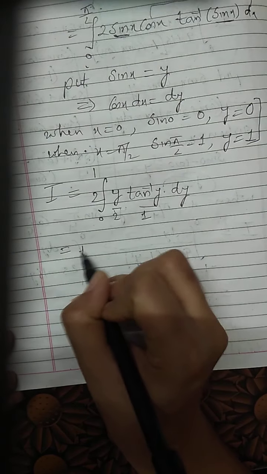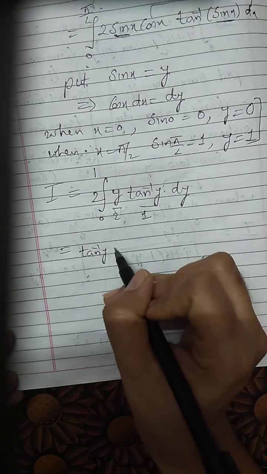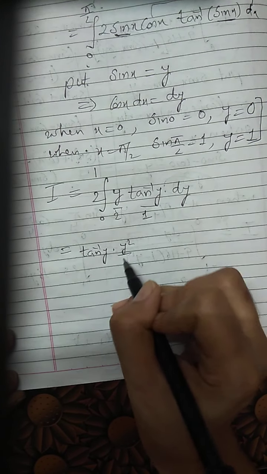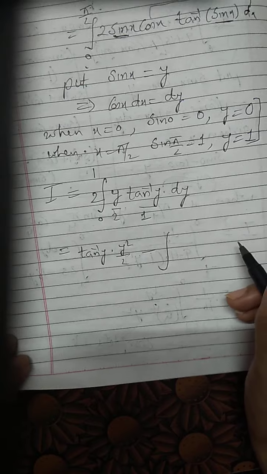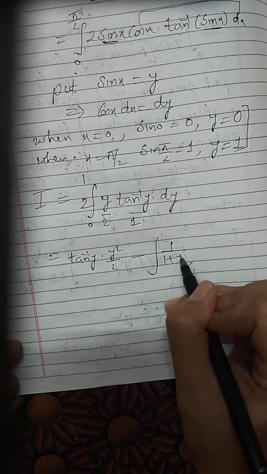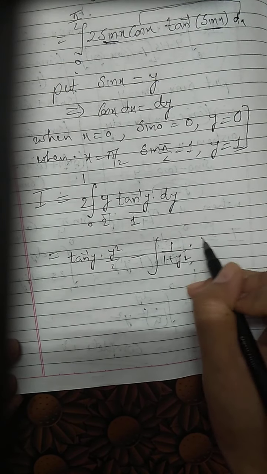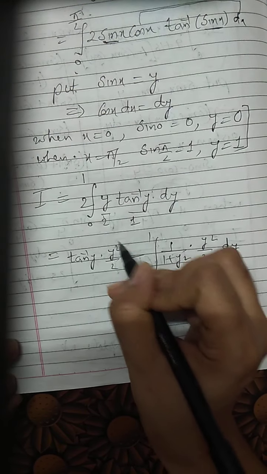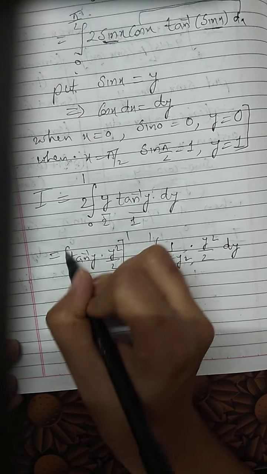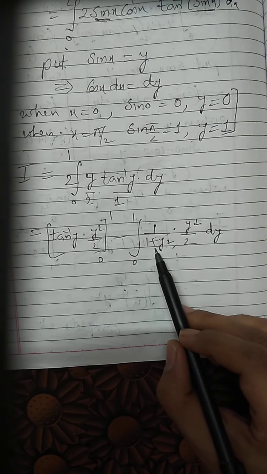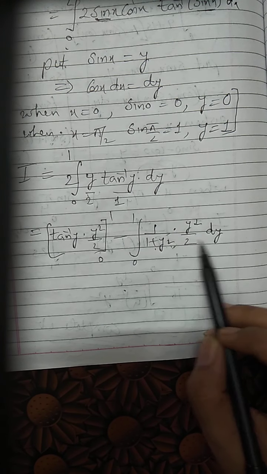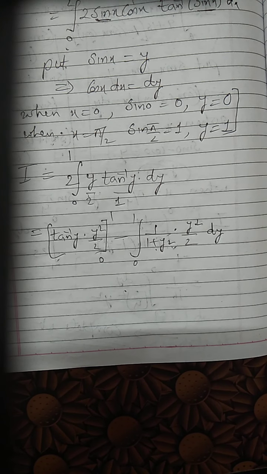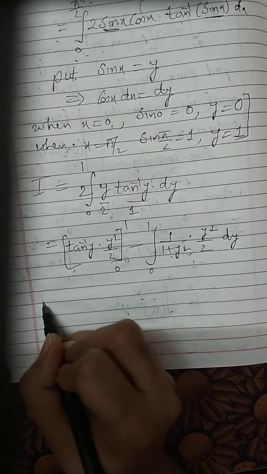First function as such, integration of second, that is y square by 2, minus integral derivative of first, it is 1 upon 1 plus y square, integral of second dy, 0 to 1, and here also limits are 0 to 1. So here y square upon 1 plus y square, we can add 1, subtract 1, and correspondingly we can do the integration.